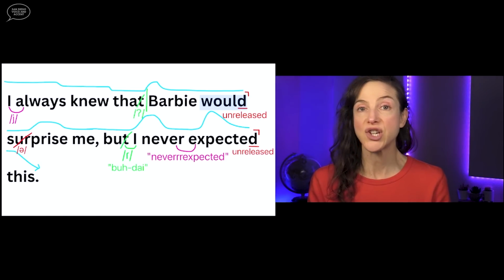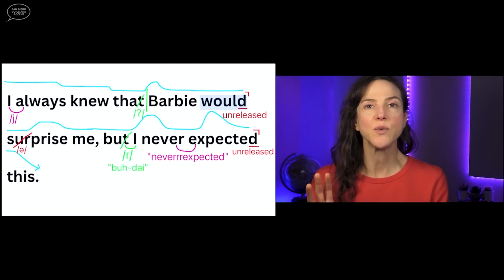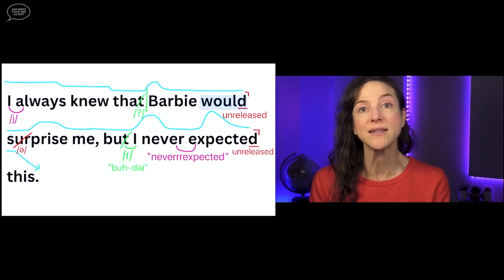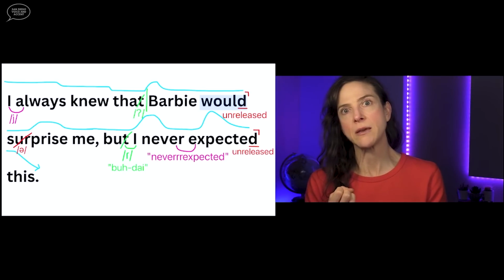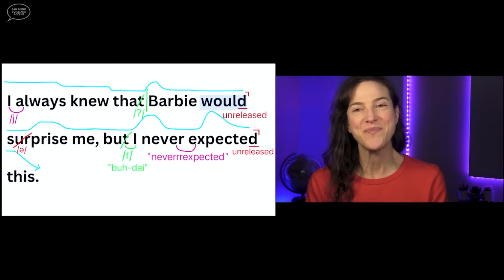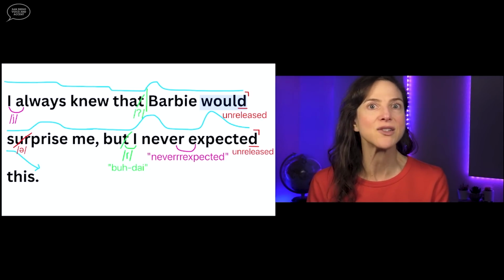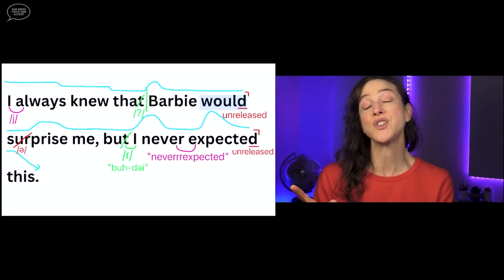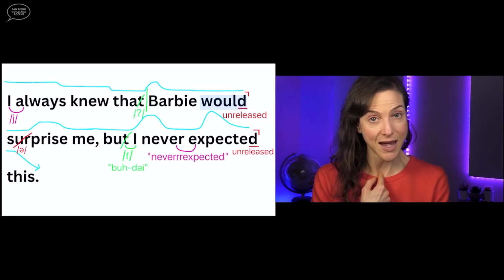Now, this is really challenging for most people. When I try to teach people this unreleased D sound, maybe 3 things are happening. They might be actually just dropping the D altogether. Barbie was surprise me. That D's dropped. Or they're substituting a glottal stop instead.